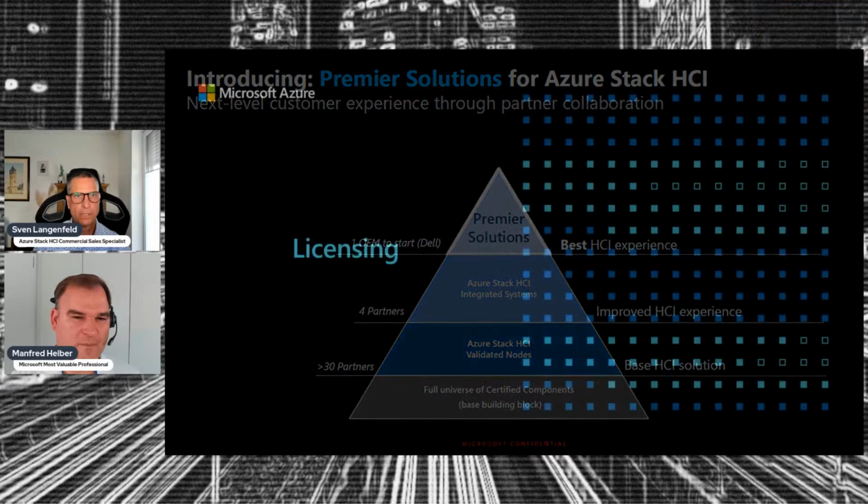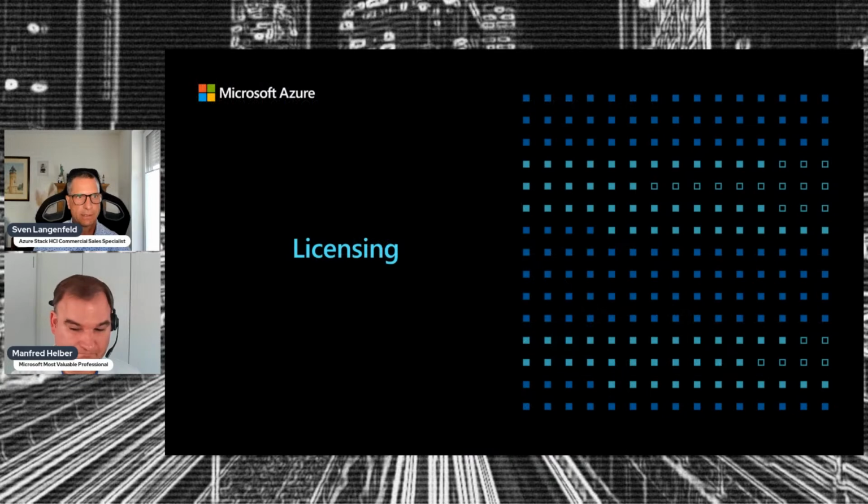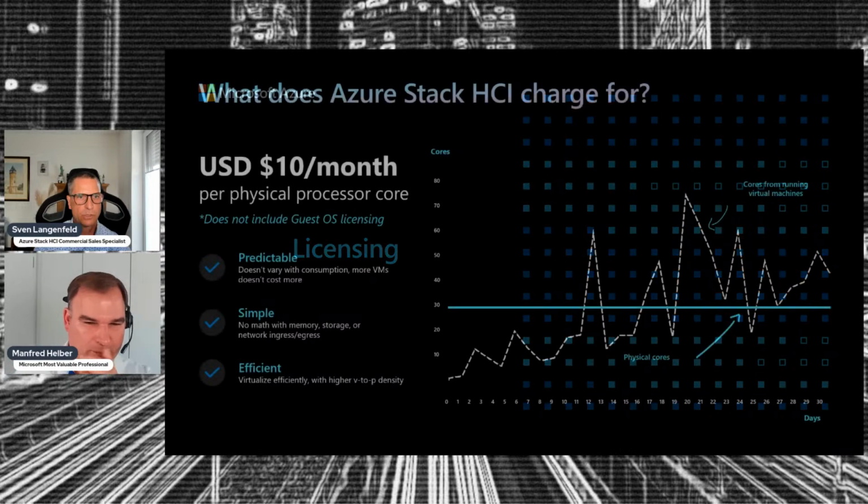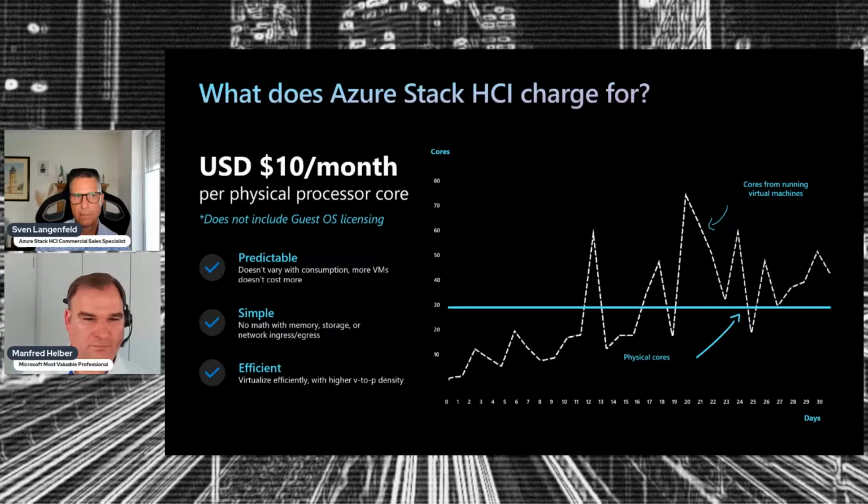So let's talk a little bit about licensing, because licensing is something we receive a lot of questions about. And Azure Stack HCI, of course, is a product that's not for free. And the licensing is super simple. There are some options, and let's start with the normal option to buy Azure Stack HCI as a subscription.